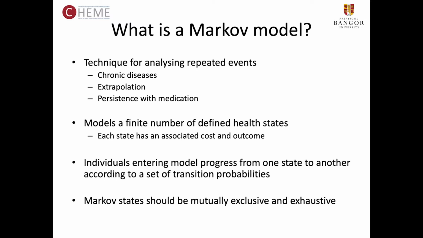It's a technique used for analysing repeated events. In other words, if a chronic disease has associated with it people transiting from one health state to another, so it may be an HIV instance. It's some study I was working on recently whereby patients would be categorised in different health states, maybe dependent on their viral load, and they would improve as they had treatment.